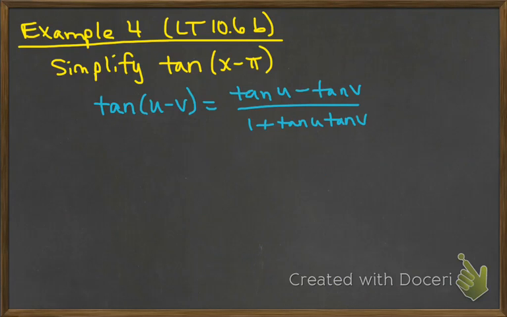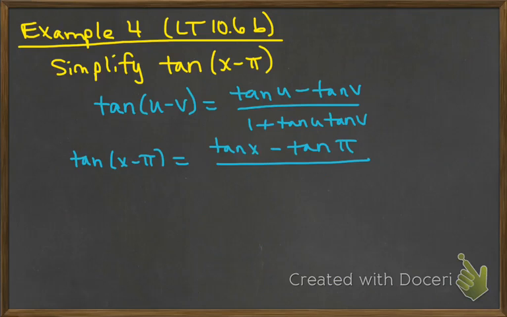And now I'm just going to plug those things in, because the tangent of x minus pi is the same thing as the tangent of x minus the tangent of pi all over 1 plus the tangent of x tangent of pi.